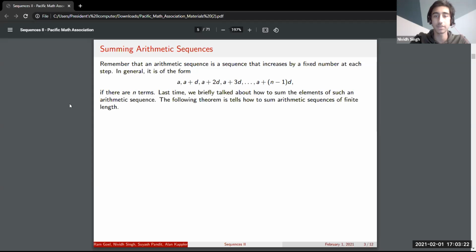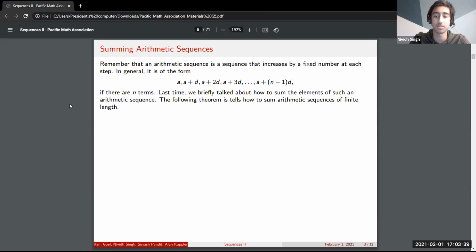Last time we briefly went over how to get the sum of the sequence, but the following theorem shows how to get the sum of an arithmetic sequence of finite length. Finite length just means that we know how many terms there are, whether 5 terms or 10 terms.